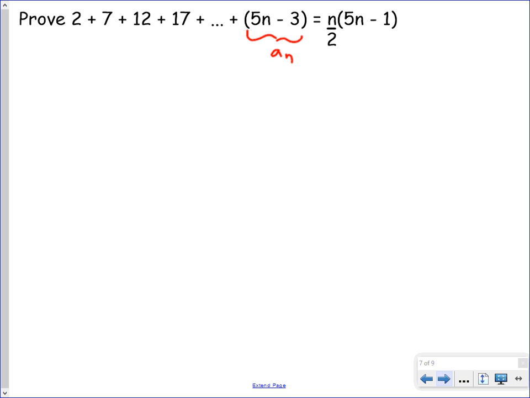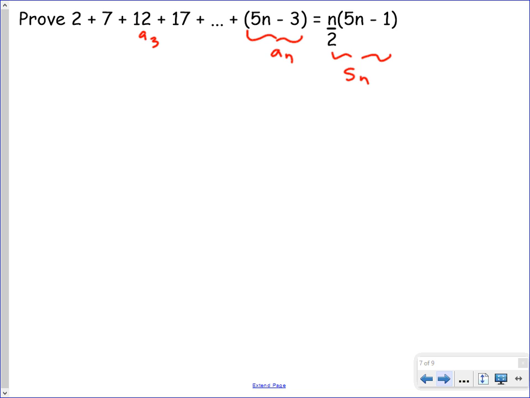So that if I want the third term in my sequence, 5 times 3 is 15, minus 3 is 12, and certainly 12 is my third term. Okay, so I'm eventually going to use that rule to get my k plus 1 term. And then this piece right here, n over 2 times the quantity 5n minus 1, that's what the sum of all those things are, so that represents my S sub n.